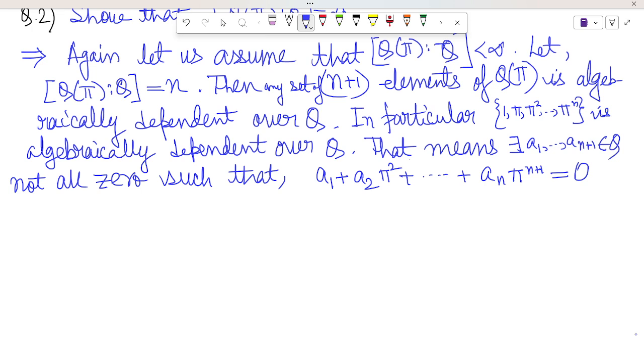Okay, so as previously I will assume that k equals max of i with ai non-zero.